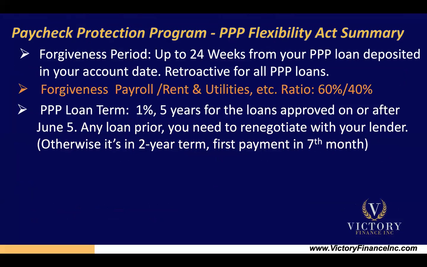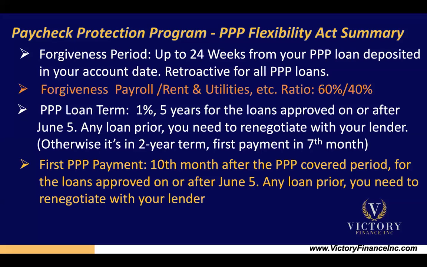But if it's not forgiven, then what used to be 18 months of loan payments, amortized, including that 1%, is now for 5 years, but it's not automatic. You have to renegotiate with your lender.